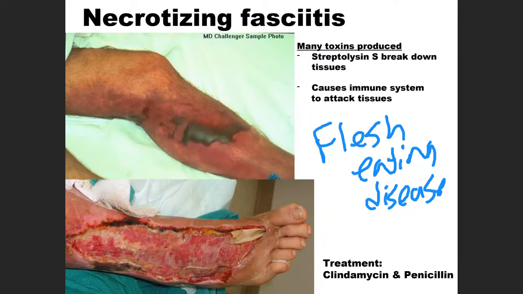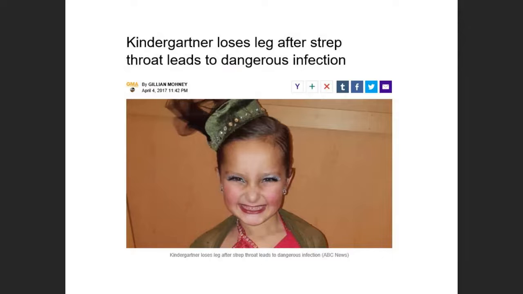Now, with cases that are very severe, like what you see here, a lot of times the limb would have to be amputated to save the patient and prevent the bacteria from spreading. But I want to share with you this story. I found this a few years ago, back in 2017, of this little girl.